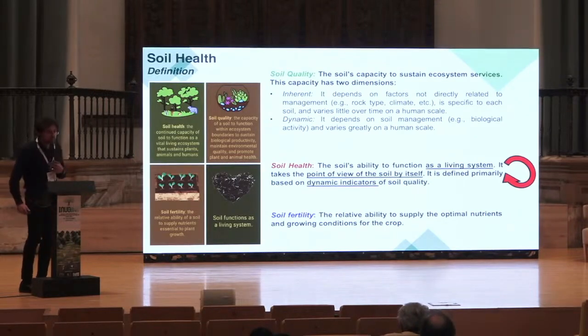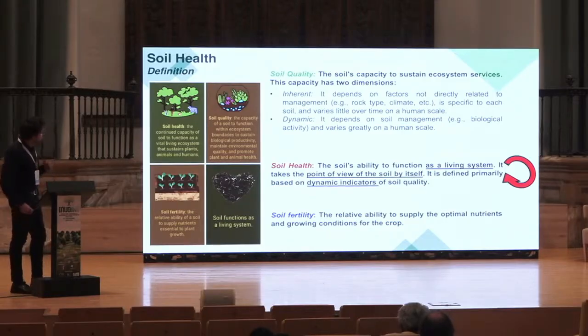From my point of view, soil quality and soil fertility, which are the traditional terms applied to this problem, both take the soil from an external point of view. That is, soil fertility is the capacity of the soil to supply nutrients to the crop. So the point of view is external to the soil.